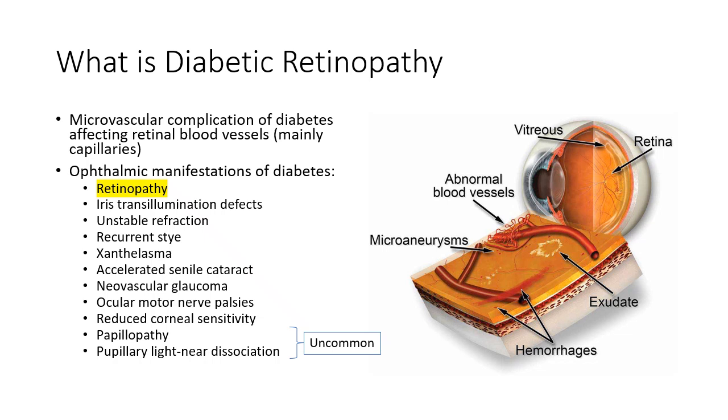So these include iris transillumination defects, unstable refraction, recurrent stye, xanthelasma, accelerated senile cataract or faster progression of existing cataract, most of which is of the posterior subcapsular variety, neovascular glaucoma, ocular motor nerve palsies, with the sixth nerve palsy being most commonly seen, reduced corneal sensitivity, papillopathy or involvement of the optic nerve head from diabetes, and pupillary light-near dissociation or presence of accommodation reflex with loss of light reflex, the last two being very uncommon.